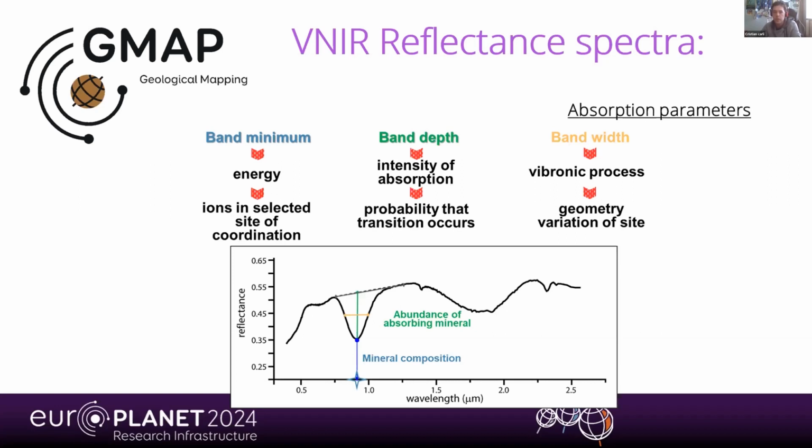The intensity is generally correlated not only with a specific mineral but with the mixing of more than one phase, and so can give information also on the presence of that mineral mixed with others. Or the bandwidth, that is much more related to vibronic processes, so to the presence of different temperatures or different pressures on the surfaces.